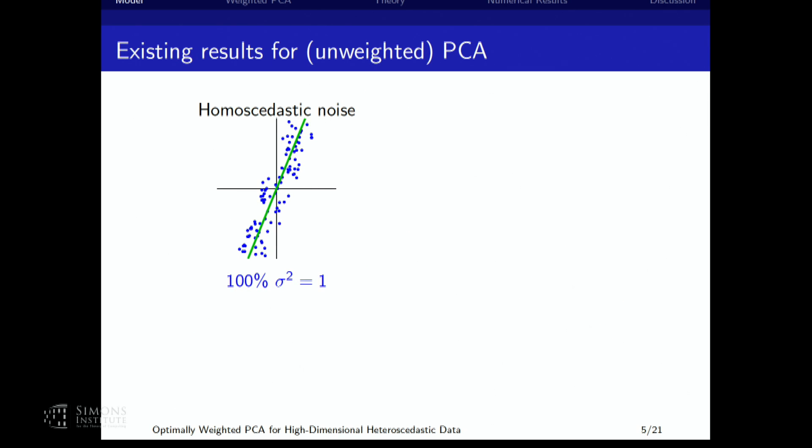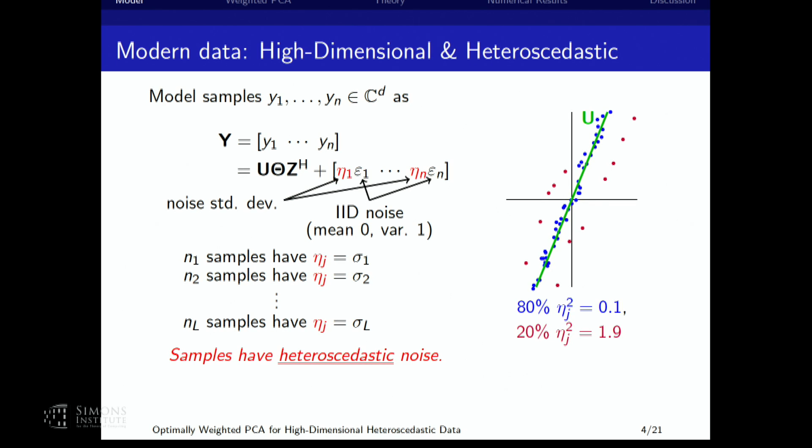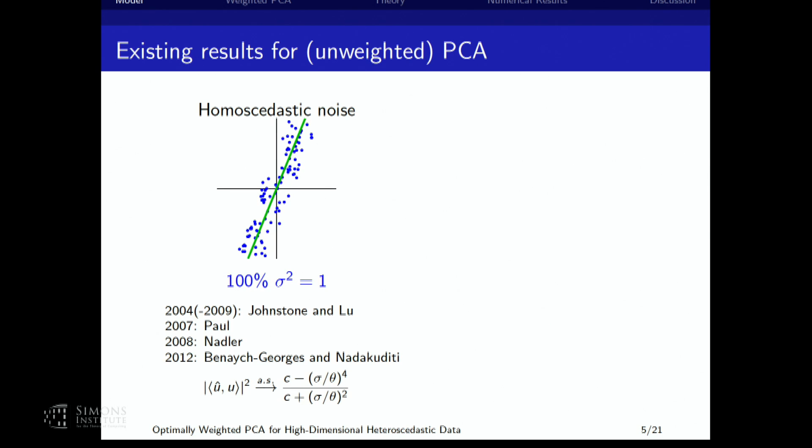So this type of problem has been looked at quite a bit in the context of unweighted PCA and homoscedastic data, where we think of exactly this model, but with all of these noise variances the same. In particular, there's a now long line of results over the past 15 years looking at the asymptotic behavior of the recovery of the underlying principal components using the principal components from PCA.